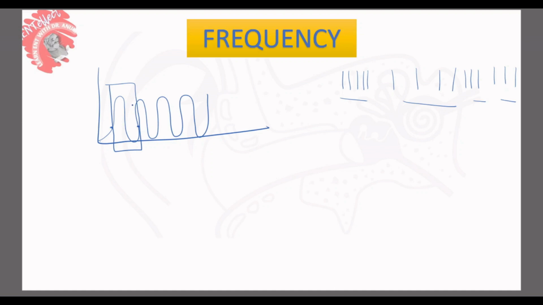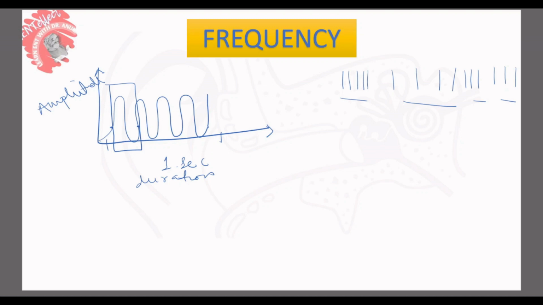Now, frequency of a sound is the number of times the wave is repeated within 1 second. For example, this is 1 second duration. The y-axis shows the amplitude of the wave, and the x-axis shows the duration.